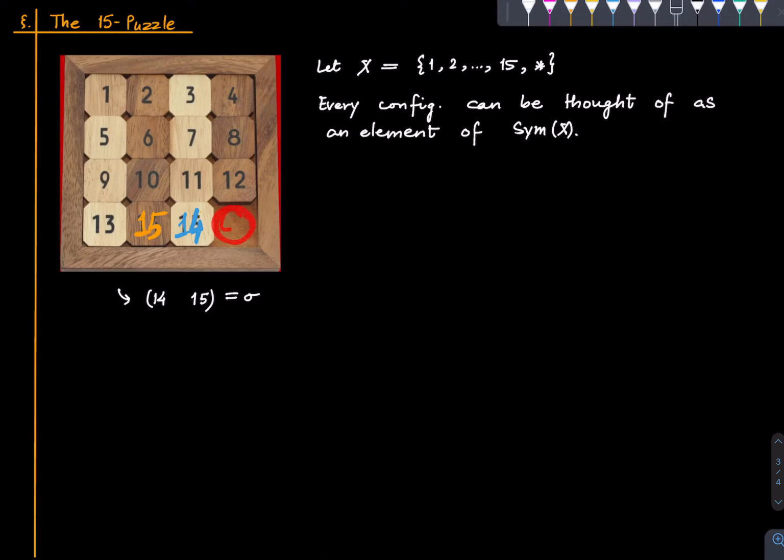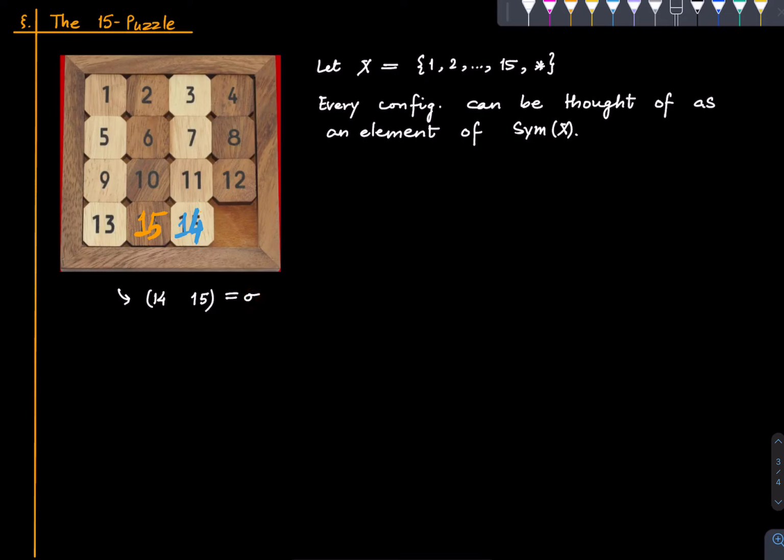In the starting position it is here, and in the solved position it is also here. So the number of times it moves horizontally should be even, and the number of times it moves vertically should be even, and therefore the total number of moves is even plus even, which is an even number. I should be writing that, but let me not write that step. So the number of moves you'll be making to get from sigma to the identity permutation is even.